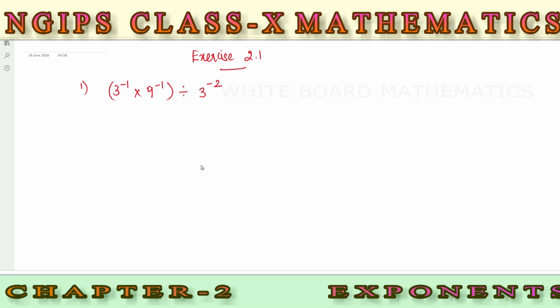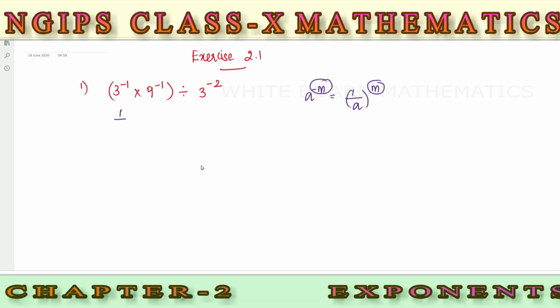So here, if you take the negative exponent formula, a power minus m, we can write it as 1 divided by a whole power positive m. To make this negative integral a positive integral, we take the base as a reciprocal. Same we are going to use here.